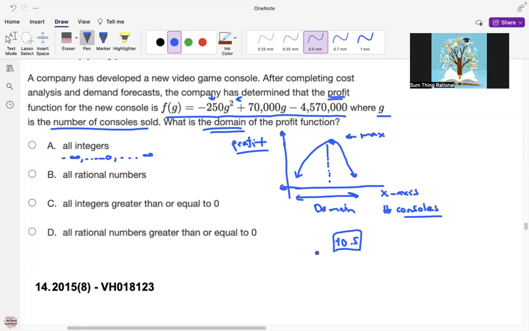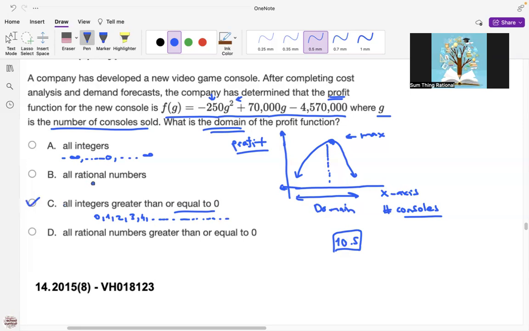So for the number of consoles, we can say all integers, but integers include negative numbers as well, and we should not consider the negative numbers. All integers greater than or equal to 0 means you will sell no console, which is acceptable, or 1 console, 2 consoles, 3 consoles, 4 consoles. These are whole numbers.